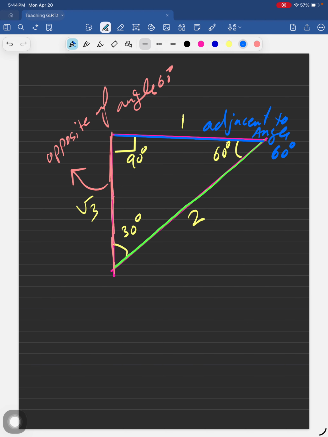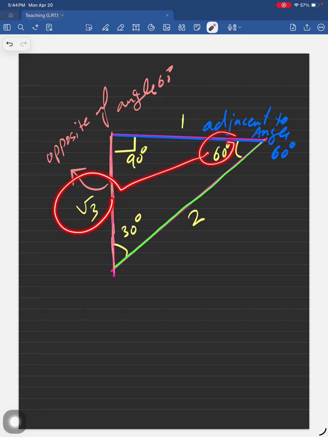So in this case, what you see is that we have the opposite of 60, which is square root of 3, and the adjacent for 60 is 1, and the hypotenuse here is what? Is 2. And this is exactly what we need for this video. So we need just the 30 and 60 degree.